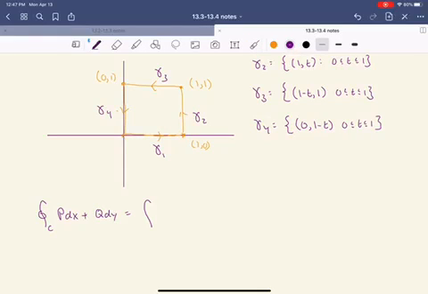So what am I going to have? P of t, 0 dt from 0 to 1, plus, now from gamma 2, the integral from 0 to 1, and there dx is 0, so it's Q of 1, t dt. This is our gamma 1 integral. This is our gamma 2 integral. We're going to have a gamma 3 integral.